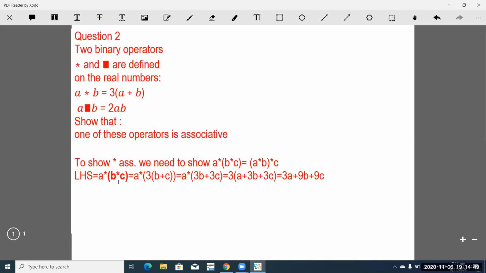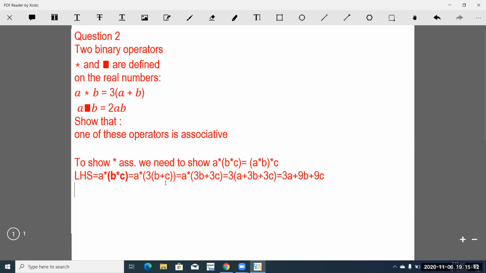That's what we learned from primary and prep school. So when we work out B star C first, what would be B star C? 3 times B plus C. Yeah, that's B star C, 3 times B plus C.